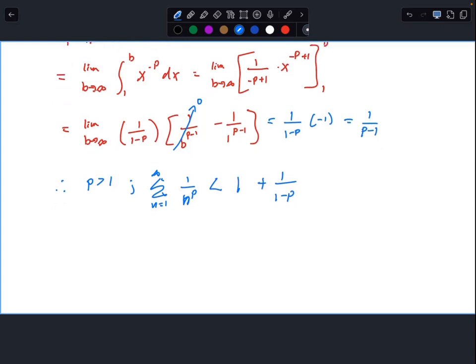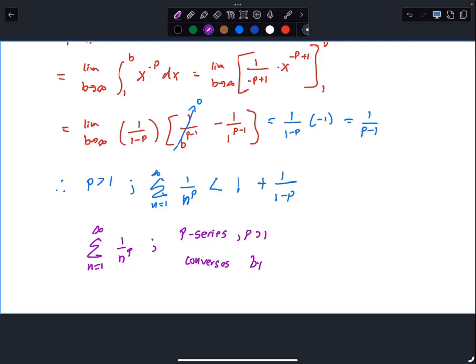So therefore, what we say is that the series from n equals 1 to infinity of 1 over n to the p is a p series. We can just identify it as a p series where p is greater than 1. Therefore, it converges by the p series test.